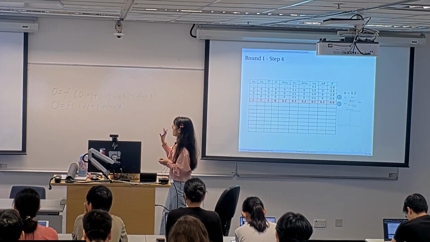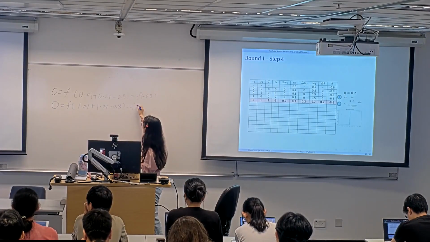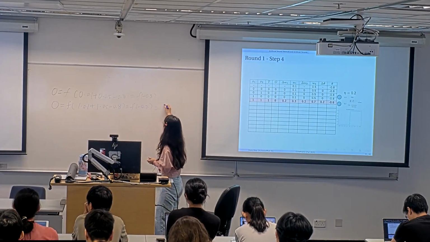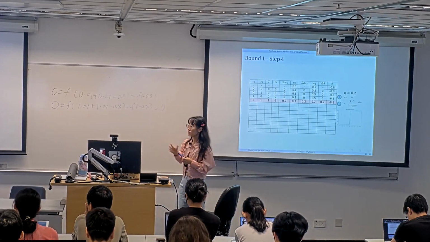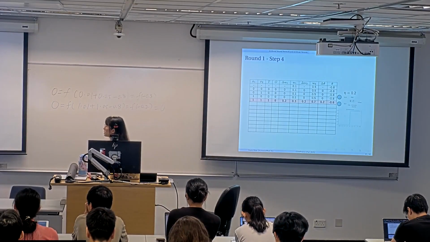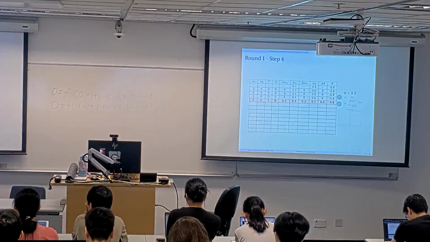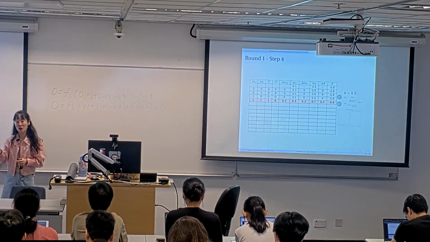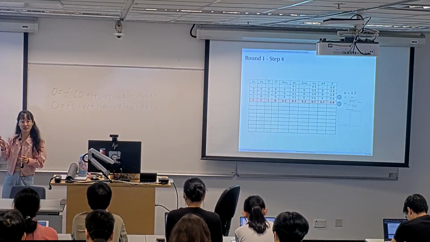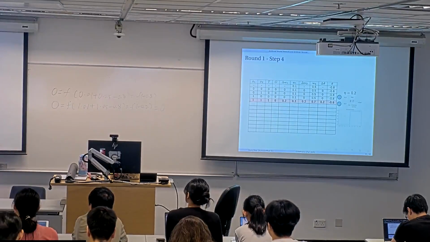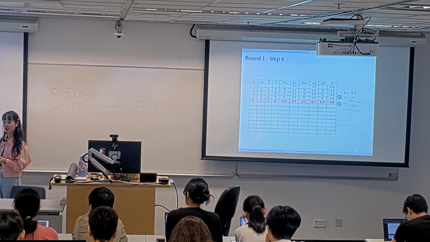We find that it should be f of negative 0.2, which is 0. So after computing in the perceptron, the output O is 0, which is different from the target 1. Now our perceptron made a mistake. It cannot correctly predict the last training data. That's why we have to update the parameters.